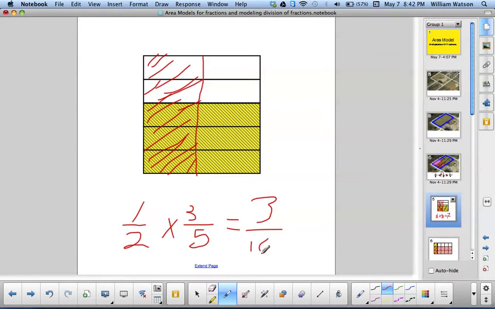So our friend gets 3/10 of a sandwich, and you can see that the product is the overlap here between our two regions. So we've got 3 equal pieces here, 1, 2, and 3, and it's 3 pieces out of a total of 10 pieces, so 3/10.